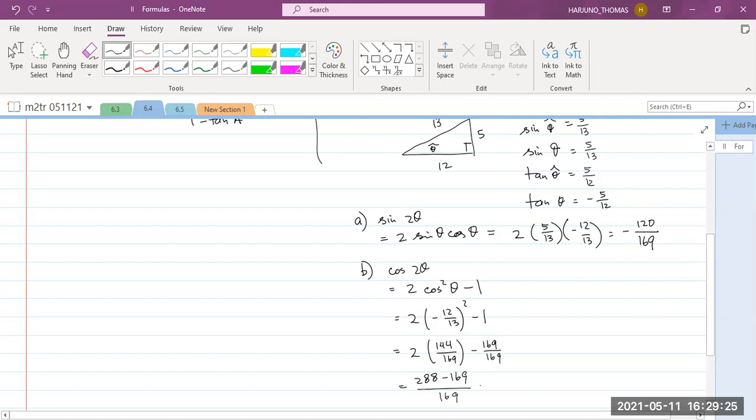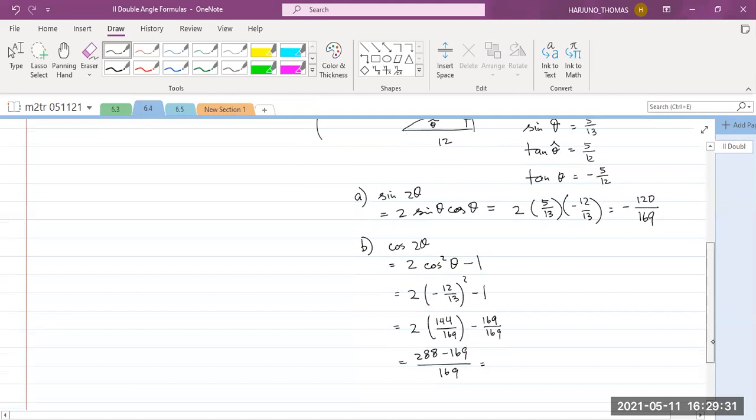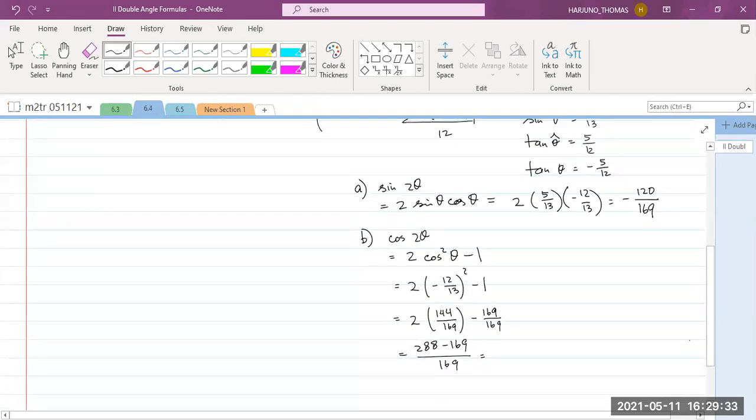That's 119 over 169. And at this point, we have seen that cosine 2 theta is positive. So 2 theta must be in quadrant 4.